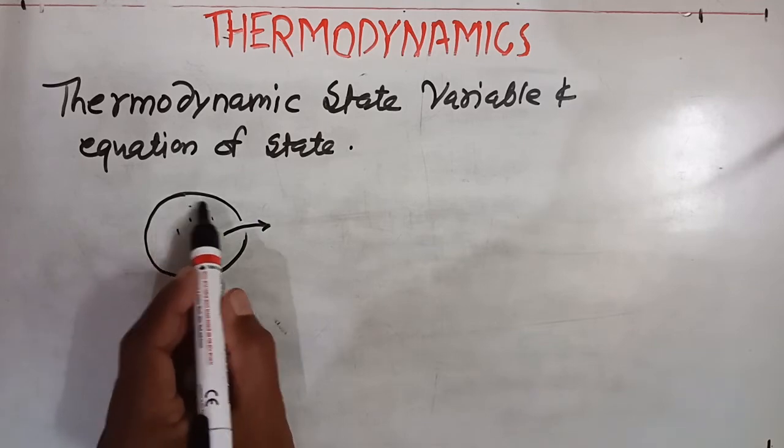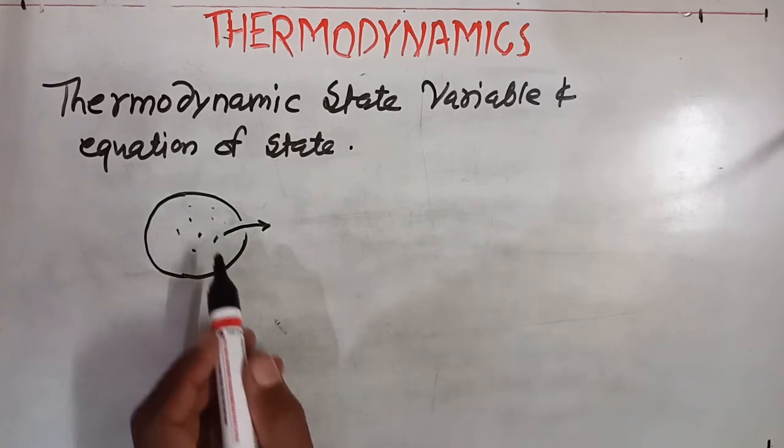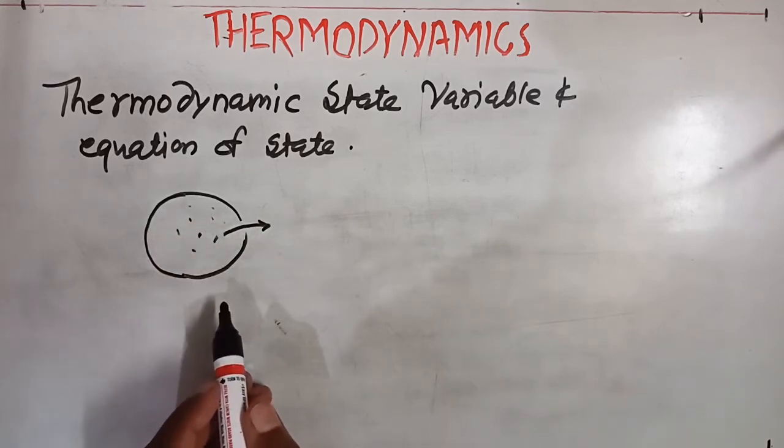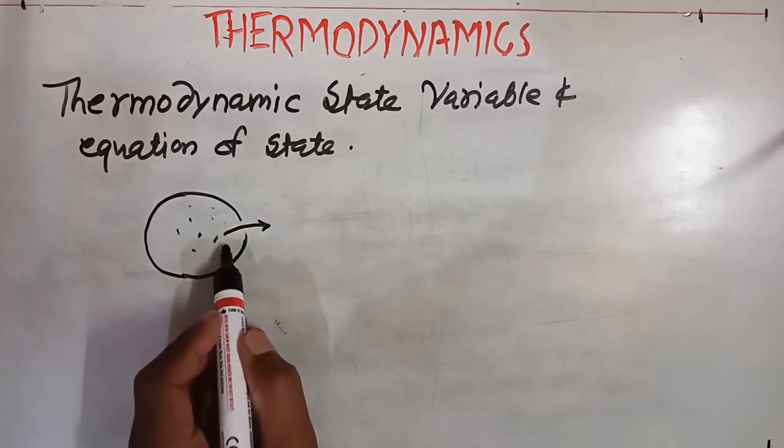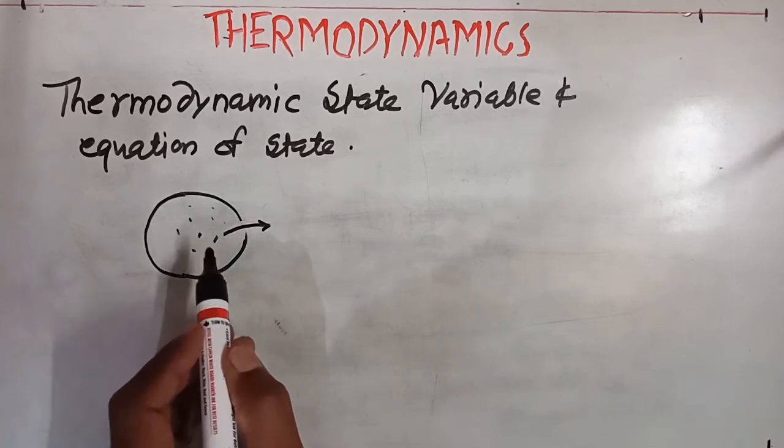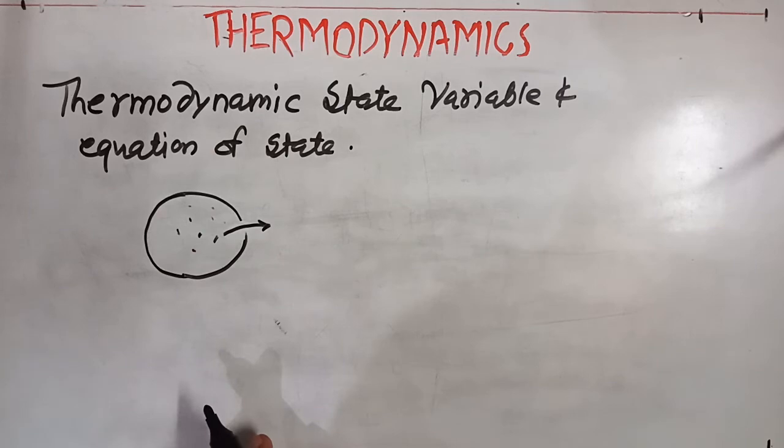When this air suddenly expands and is transferred to the atmosphere, then the pressure is not uniform. And when the pressure, that is the state variable, is not uniform, then that system is not in equilibrium.